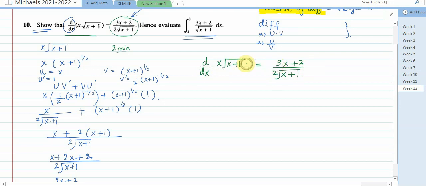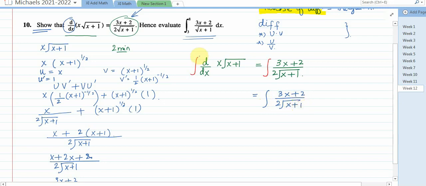Now we know that differentiation and integration are reverse to each other. It means that if I integrate this function, I can say that the integral of (3x plus 2) divided by 2 under root of (x plus 1).